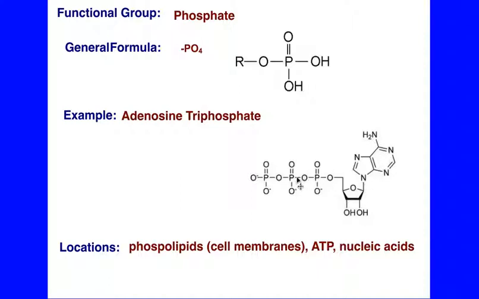Here's our 3 phosphates attached to our molecule. So these would be our phosphate functional groups. Okay, and we find these a lot in cell membranes. Again, ATP, that's a form of energy in living things. And also in nucleic acids, we'll see phosphates when we do DNA.